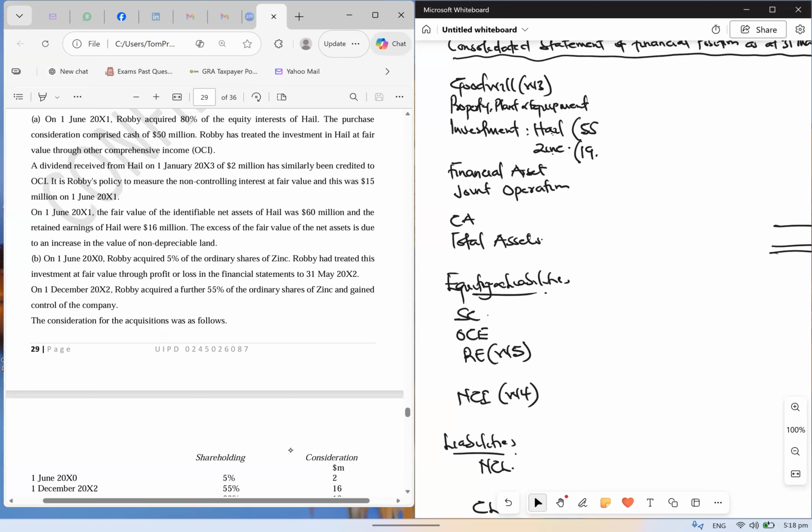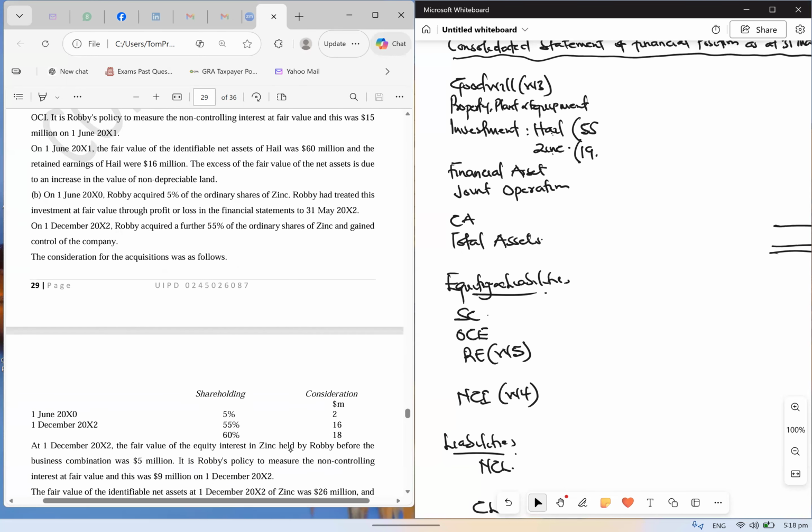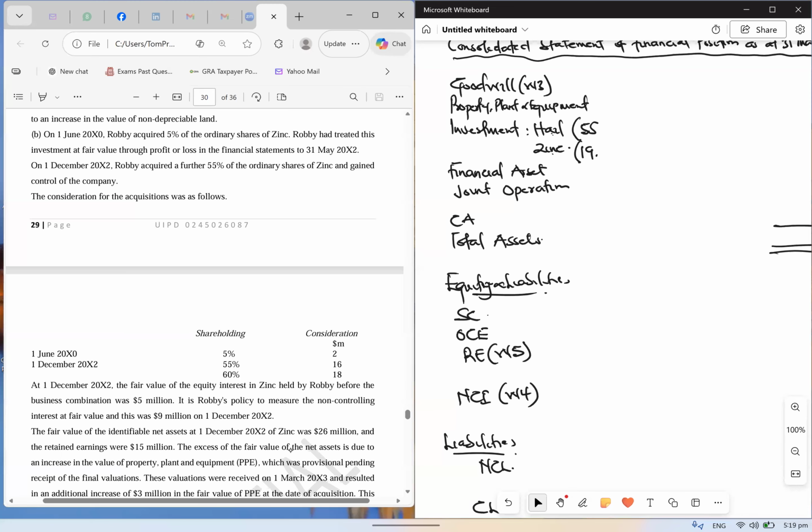So you should know how you do your purchase consideration. So this is what they have done for you. So 5% was acquired at 2 million. 55% was acquired at 16 million. Together you have 18.